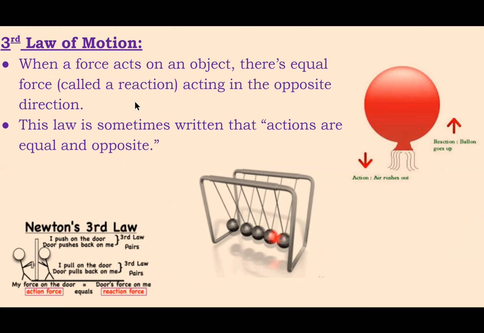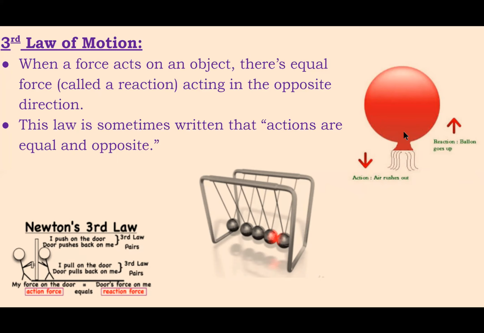Third law of motion. When a force acts on an object, there's an equal force, and that's called a reaction. You might think of a gun recoil. There's a big boom going in one direction, but you feel the recoil or the reaction coming back against you. That's the kick, right? So when a force acts on an object, there's an equal force acting in the opposite direction. This is a balloon.